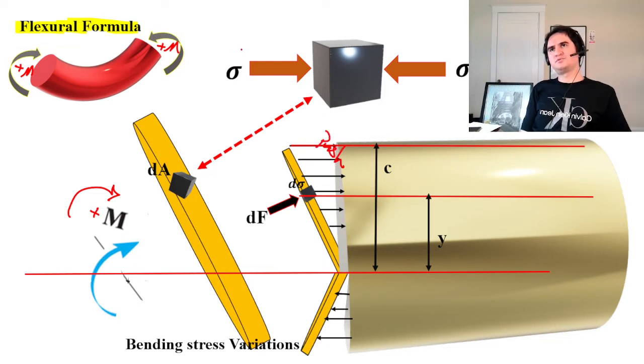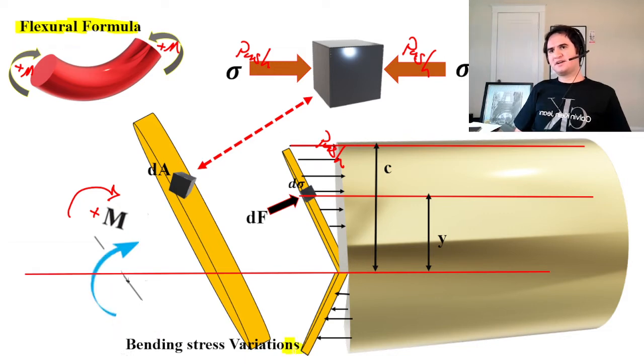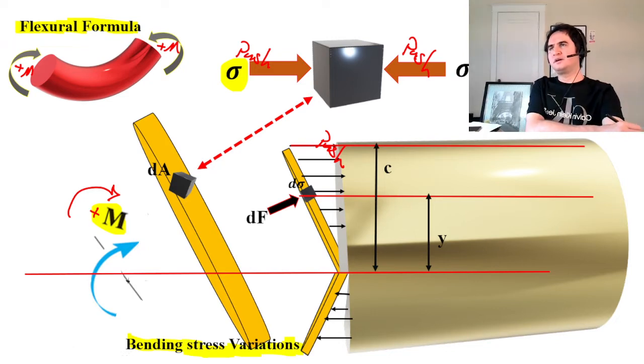So this is a push at the top section, and it shows a bending stress variation. This is a stress, but due to bending. And we are going to derive the final formula.